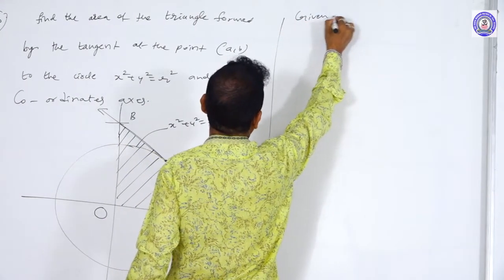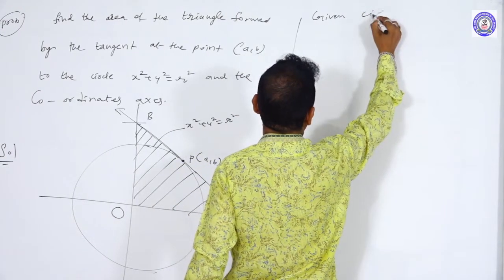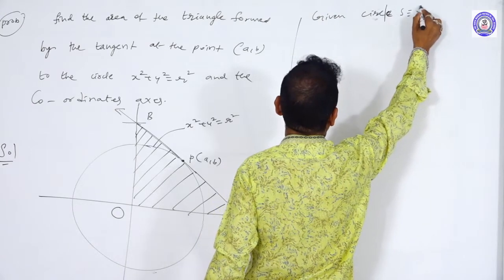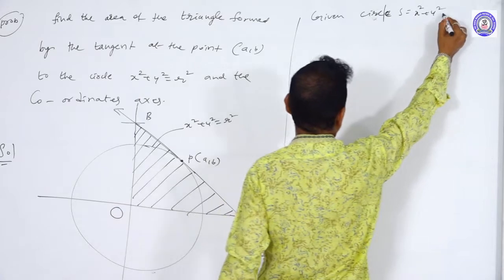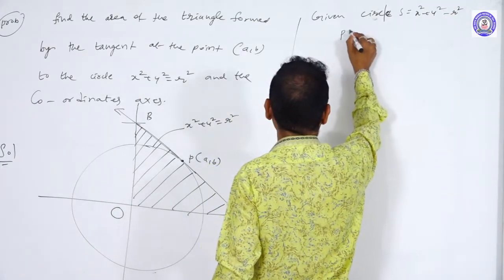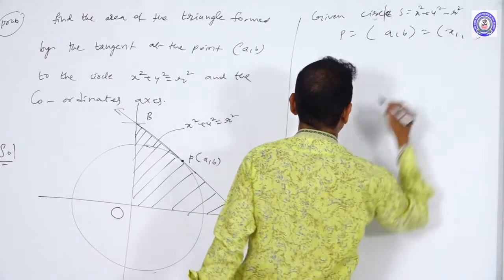Given circle S is x square plus y square minus r square. This is the circle equation. The point is A comma B. This is the x1, y1 point.